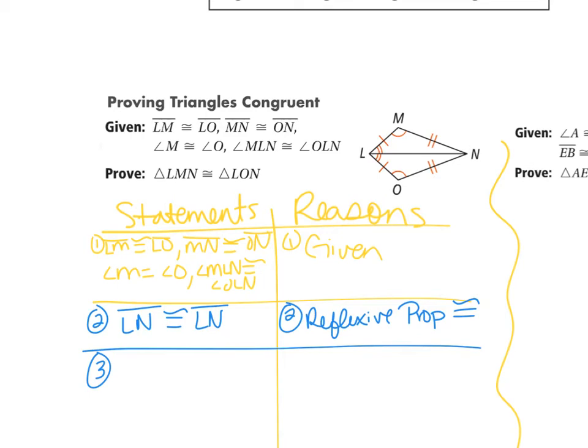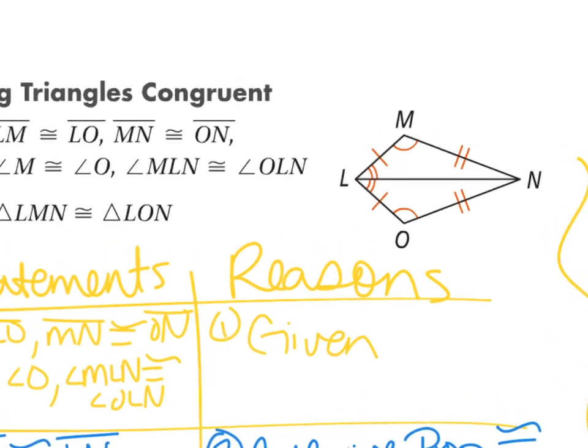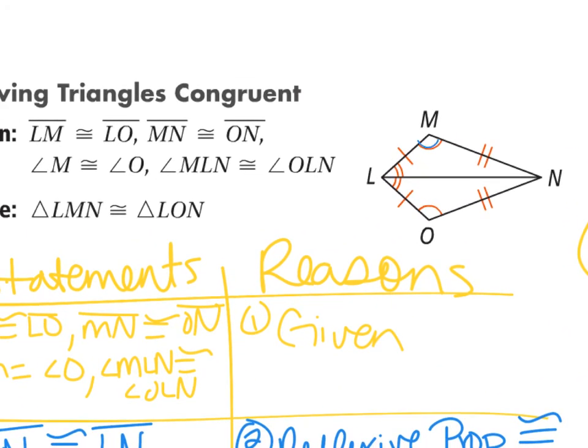Okay, so now in order for these two triangles to be congruent, we need to know all the sides and all the angles are congruent. We've already done all the sides, check. Now let's see about the angles. So they've given us M and O are congruent, and then MLN, which is that one, is congruent with OLN, which is that one.